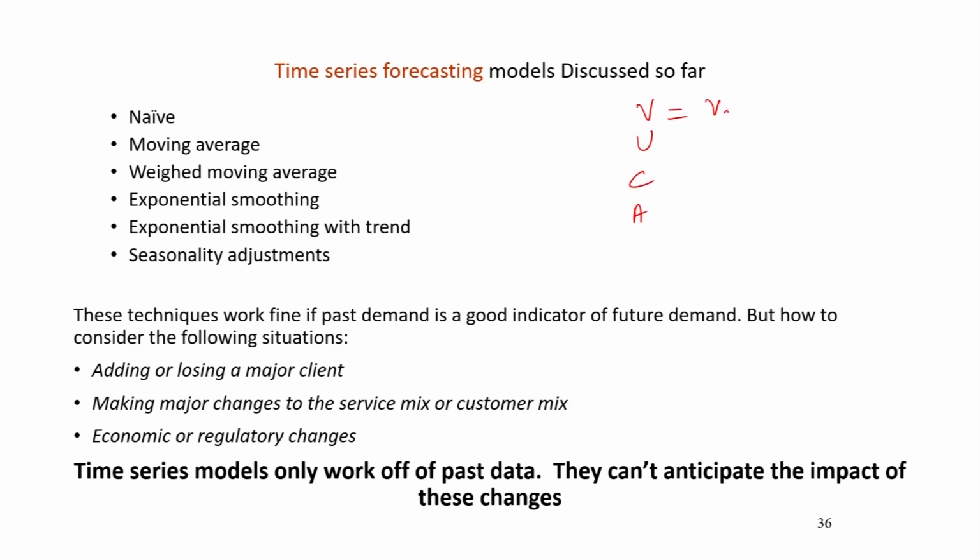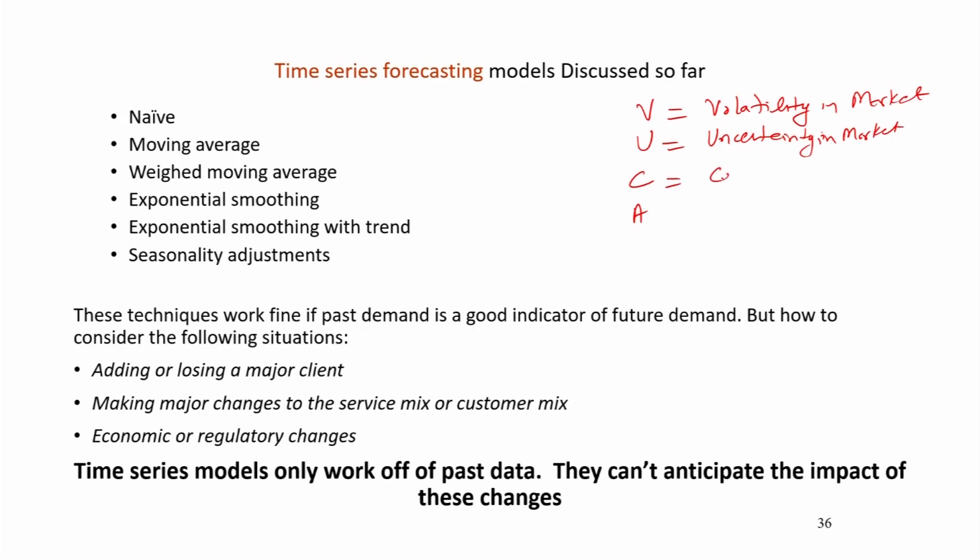If there is volatility in the market, how are these forecasting models going to work? If the market is highly volatile, if there is uncertainty in the market, then how to forecast the demand of our product?